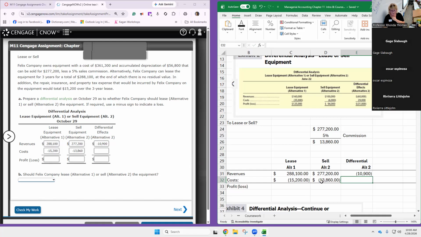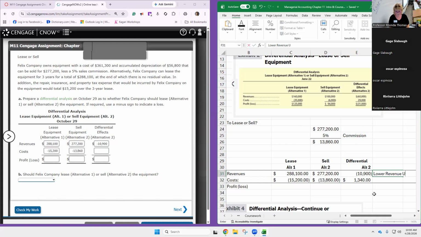Okay, so now let's do a differential between these two. The good news is this alternative is actually lower in cost. Let's subtract and see what we get. Okay, there it is. Once again, please remember that this is a revenue, and lower revenue is unfavorable, right?